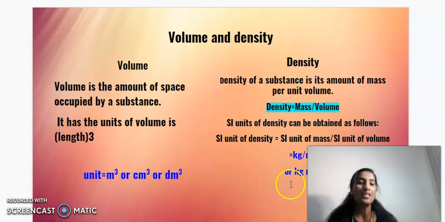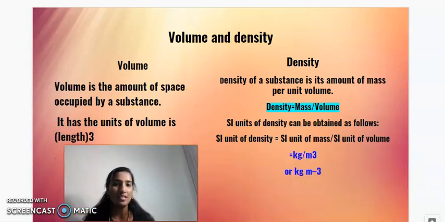Okay. Next is about density. The density of a substance is its amount of mass per unit volume. Density is equal to mass per volume, or mass by volume. So this is again a derived unit, and the SI unit of density can be obtained as follows.